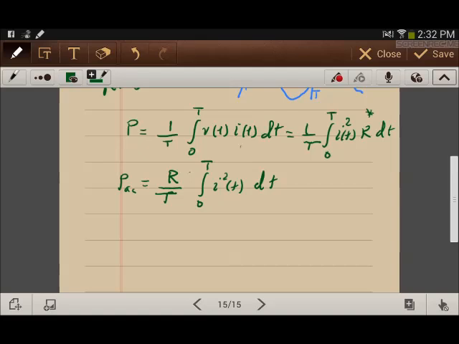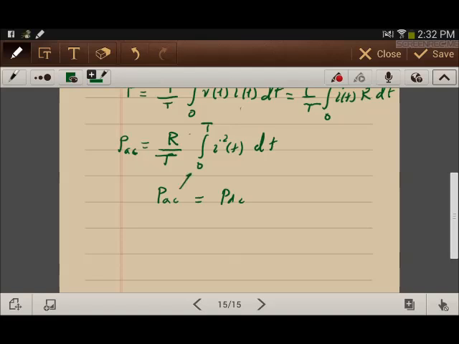So if I want to find the effective value of the current that will produce the same amount of power, then the AC power produced in the resistor is equal to the DC power, and I would plug in this equation here, so it will be R over T integral from 0 to T i squared(t) dt equal to the DC current here, which is I DC, or effective value, multiplied by the resistance, and this is squared.